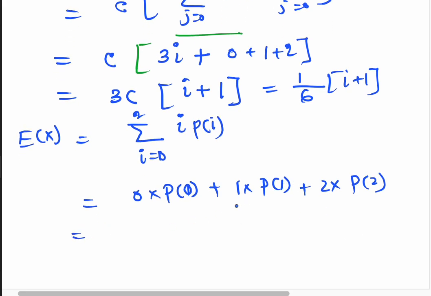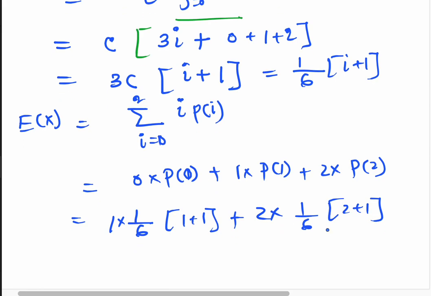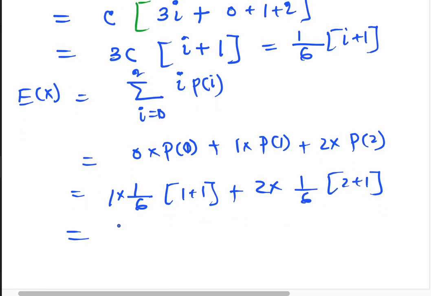The first term will not be there, so 1 into 1/6 times (1 plus 1), plus 2 into 1/6 times (2 plus 1). So this is 1/3 plus 1, which gives 4/3. So the expectation of x is 4/3.